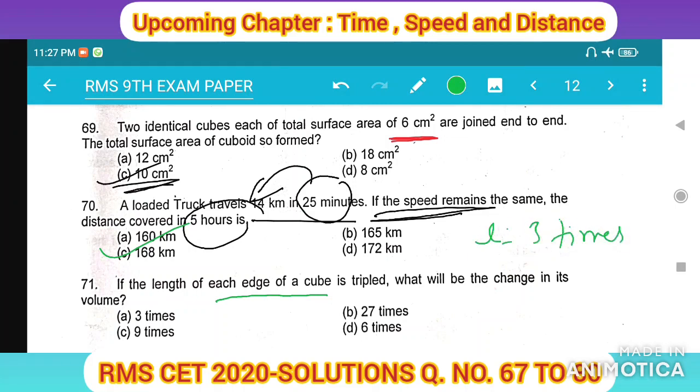So what happened? If the length is 3 times, the volume of a cube is side cube, that means 3 cube, which is 27. Very easy. 27 times.